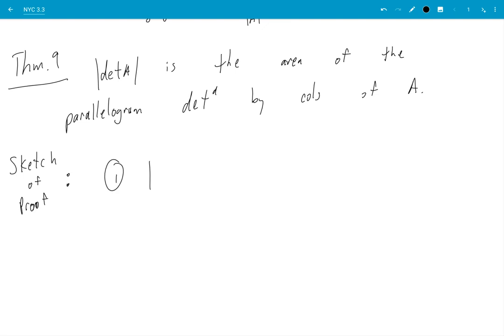Part 1, the absolute value of the determinant of A is equal to a simpler thingamabob. So the idea here is that you can take A and reduce it to get D, where D is diagonal.